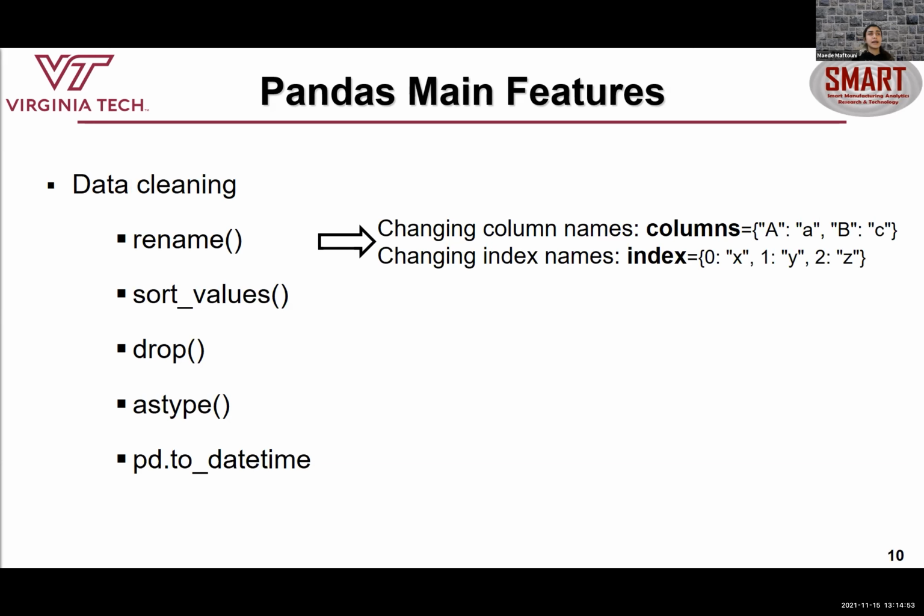And next is data cleaning. The first thing you can use is to rename the columns, for example, to make better sense and be more sensible. So this is how you do it. You use the rename method and specify a dictionary of how you want to map the current names to the new names.